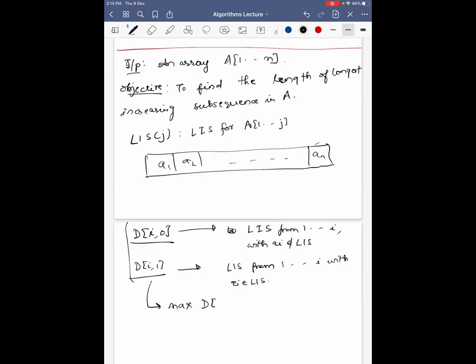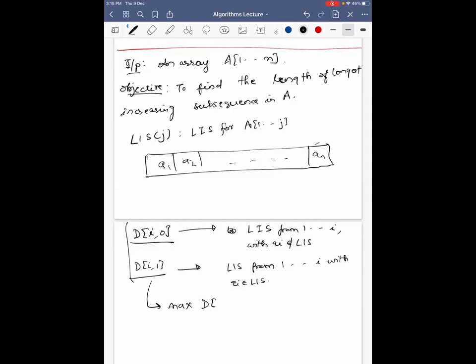We'll check the elements A1 to AI minus 1, and if AK is less than AI, then we would consider both cases, DK0 and DK1, plus 1, maximum.